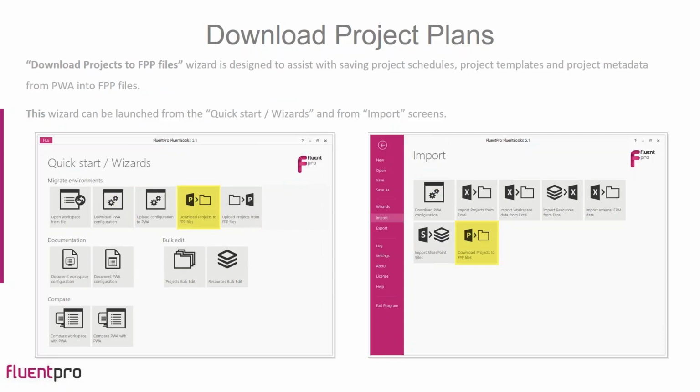Project plans, including project schedules, project templates, and project metadata, are downloaded using a separate wizard called Download Projects to FPP Files. An FPP file is a package that contains the project schedule itself, an MPP file, and additional files that store such information as resources included in projects, project level custom fields and their values, and task level custom fields and their values.